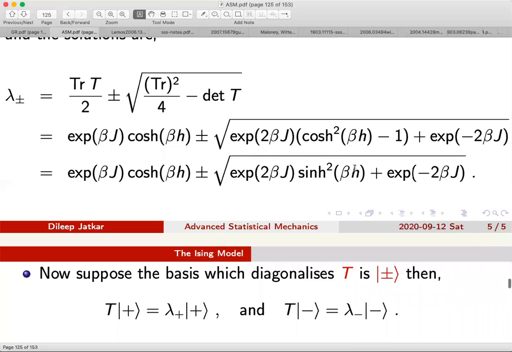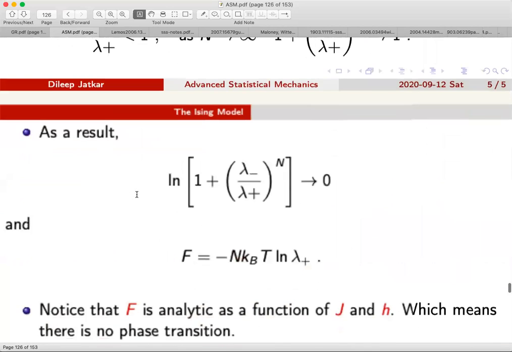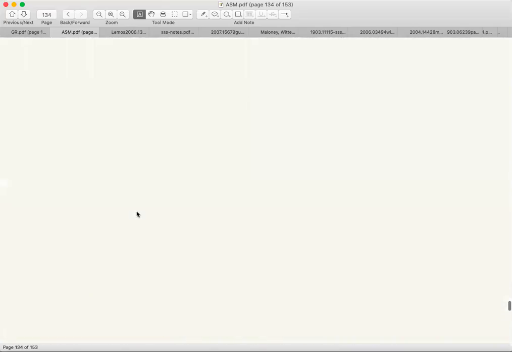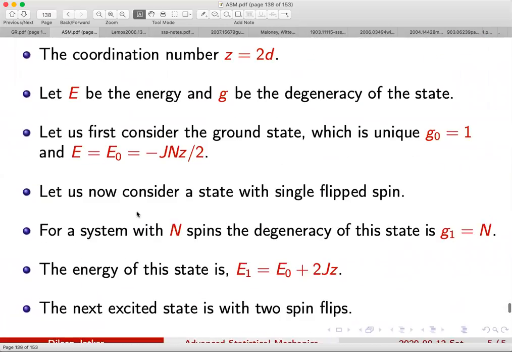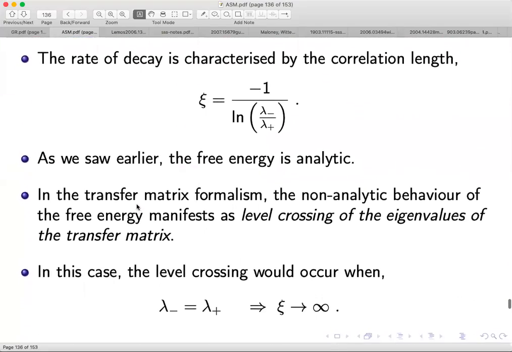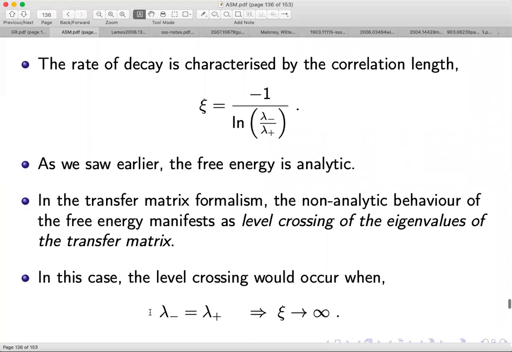So if the magnetic field is set to 0 first, and then you take the temperature to 0, this piece would just go away, and only the first term would survive, and the first term is common for lambda plus and lambda minus. So at 0 temperature in 0 external magnetic field, in that limit you can find lambda minus becoming degenerate with lambda plus.